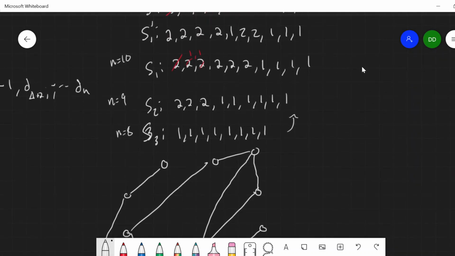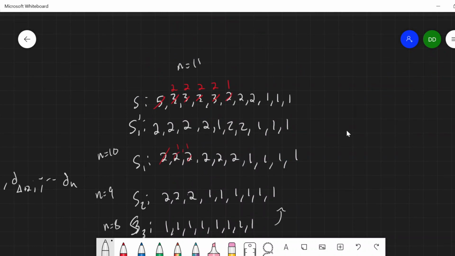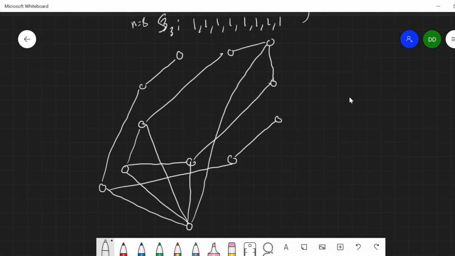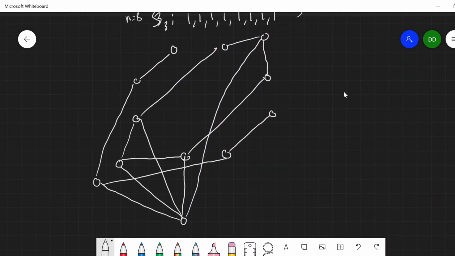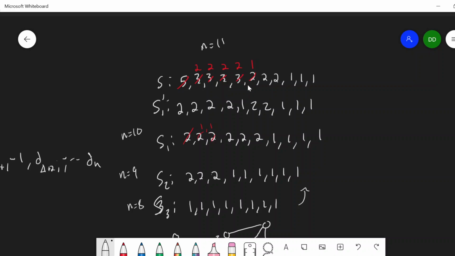So there's one possible way to do that. And we get to the original degree sequence. Now we have a graph with that degree sequence. 5, 3, 3, 3, 3, 3. Right, just double checking. 3, 3, 3, 3.